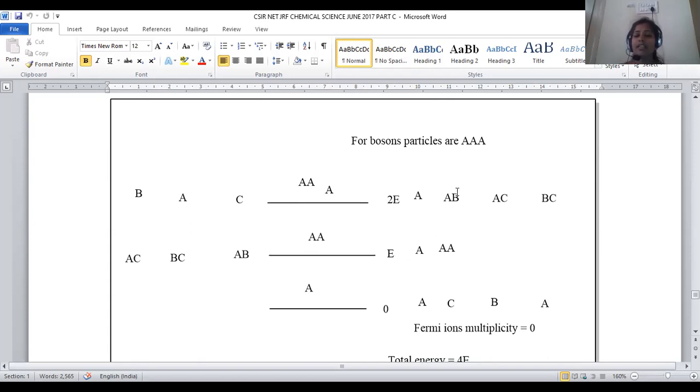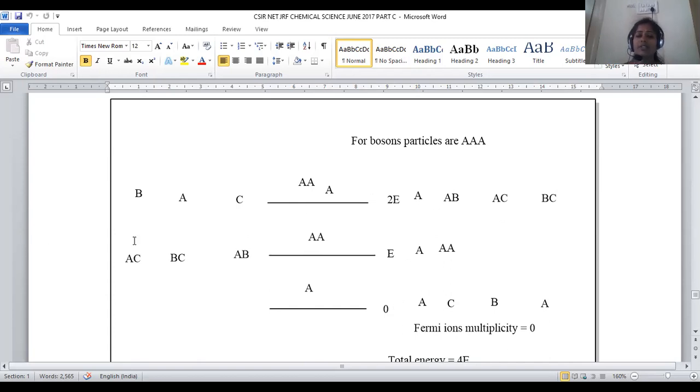If A, B particles are occupying the 2E energy level, then C energy will become 0. If A, C particles are occupying the 2E energy level, then B particle energy becomes 0. If B, C particles are occupying the 2E energy level, then A particle energy becomes 0.